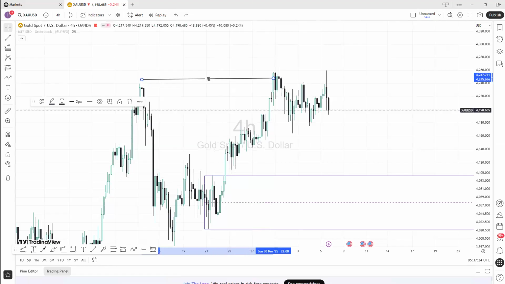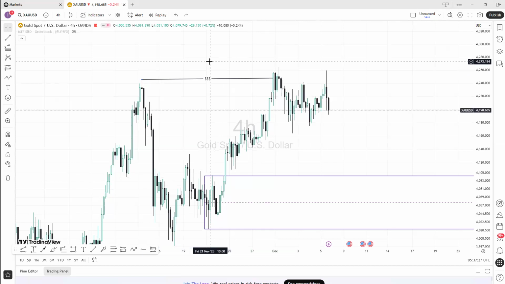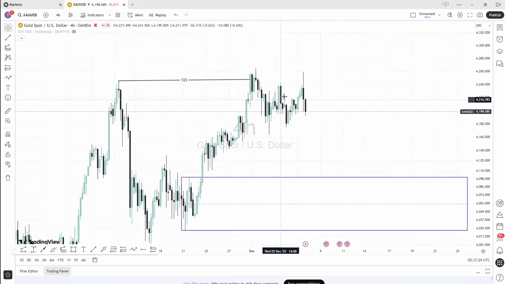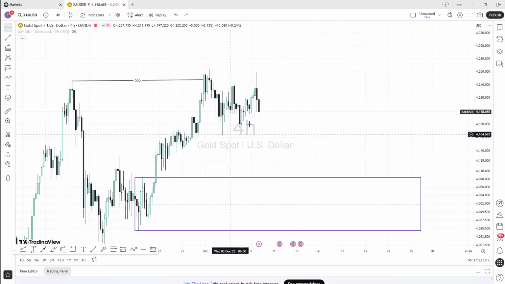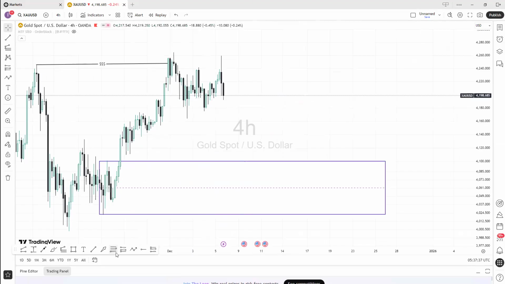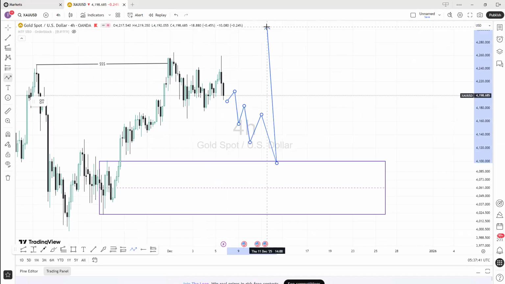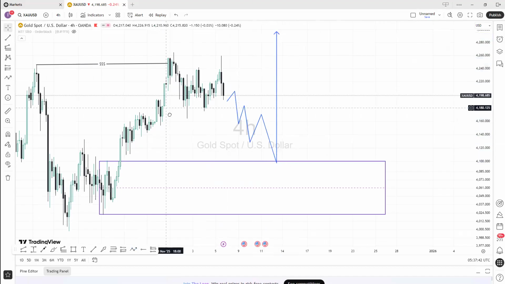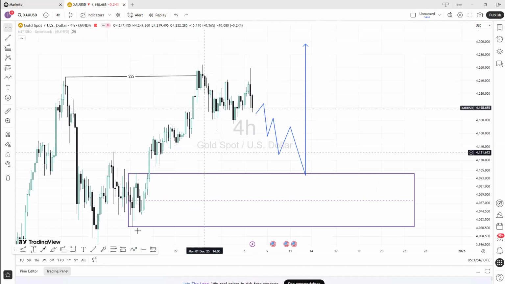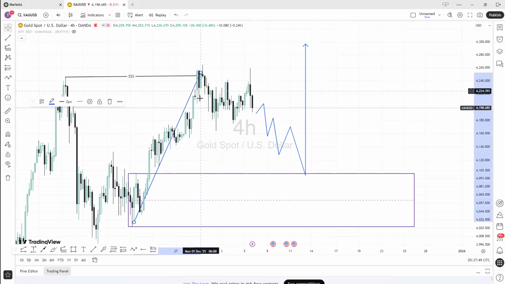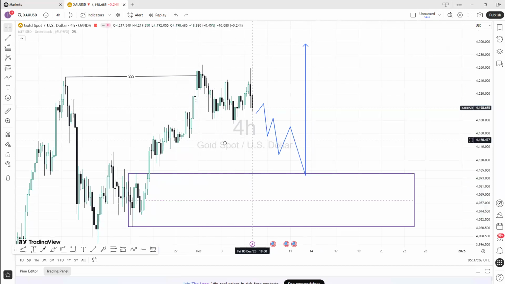You can see this external range liquidity is already swept. So you have to find a short position until price retraces to that discount, and then you can get another impulsive move from that discount level. That one was impulsive. So after that impulsive move, we're expecting a corrective move, and then we can get another impulsive move.